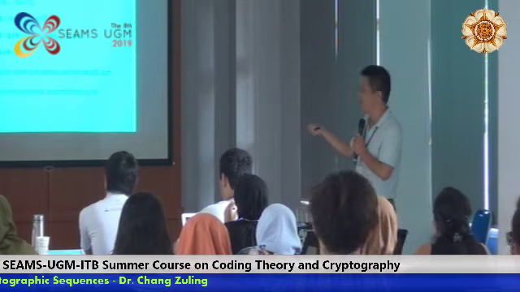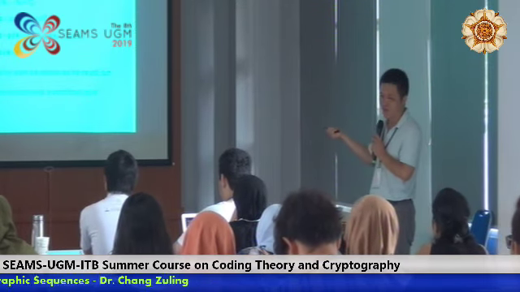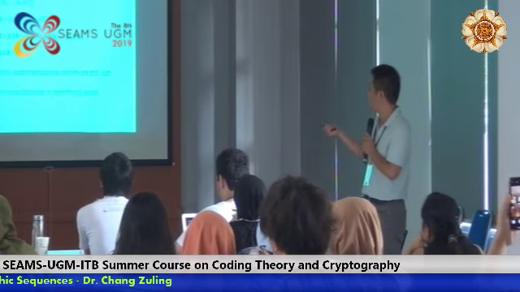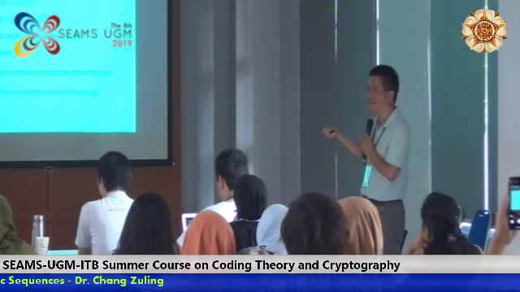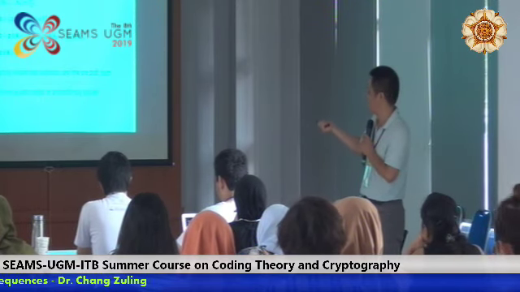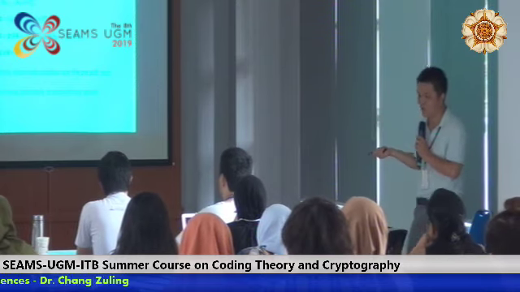That is encryption. For decryption, just add K again, because P plus K, then plus K again, the K cancels, so the result is P. So this encryption is very simple.